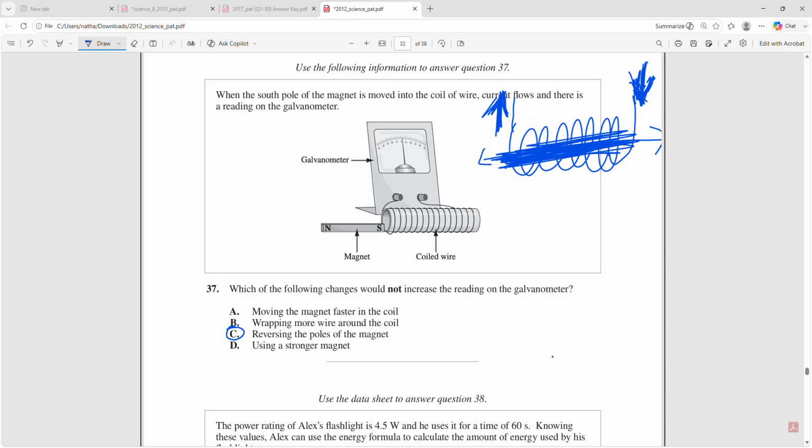So by moving magnets through coiled wires, we can produce a flow of electrons. We're essentially producing electricity, and that's exactly how generators work. But we don't need to get into the full details of that. So let's look at our options here. Which of the following would not increase the reading on the meter?